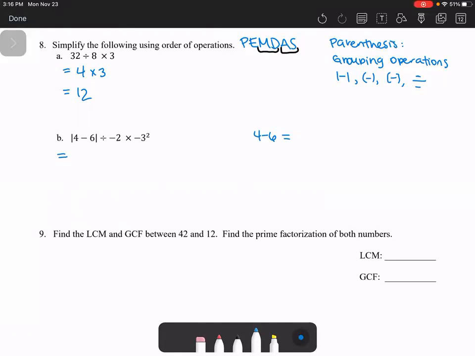You can pull out a negative and switch the order: negative, 6 minus 4. Because when you distribute that negative, your 6 is negative and your 4 is positive. So these are the same thing. So this is negative times 2, which is just negative 2.